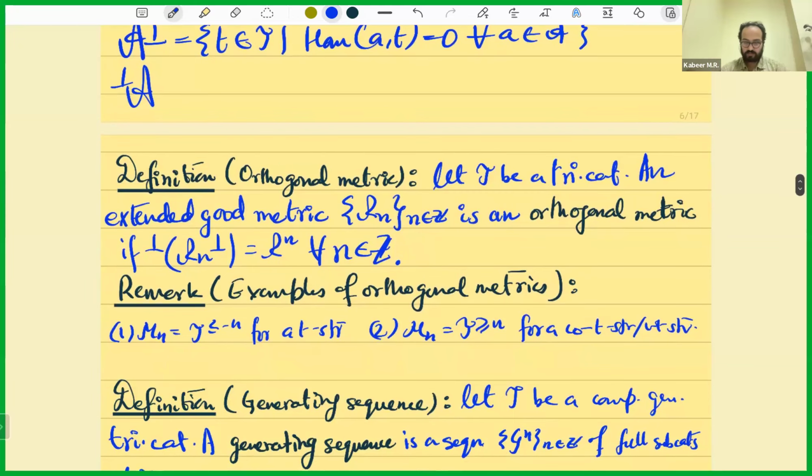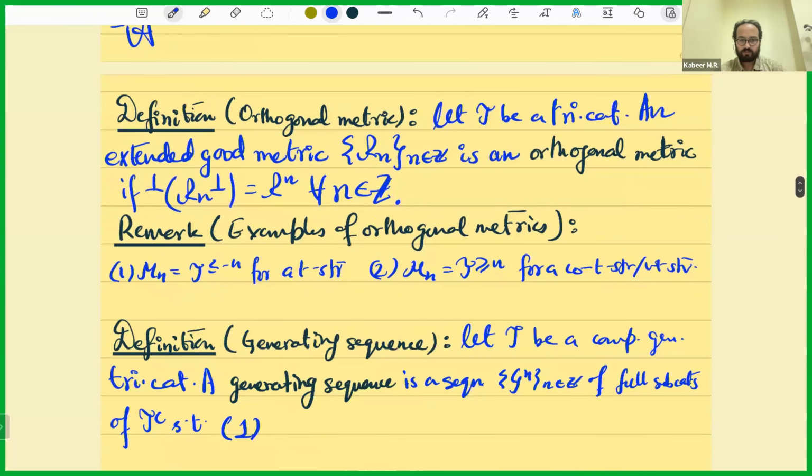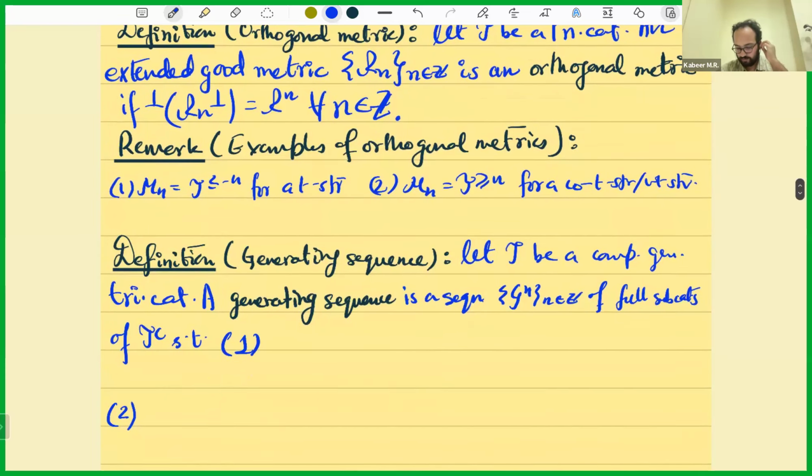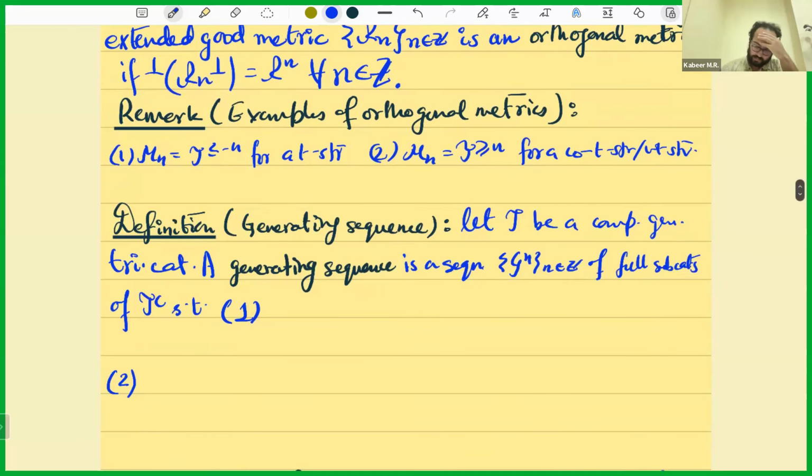Now let's come to the second ingredient which is required for stating the definition of G-approximability, which is the notion of a generating sequence. So let T be a compactly generated triangulated category. A generating sequence is a sequence of full subcategories of the compact objects satisfying the following two conditions.